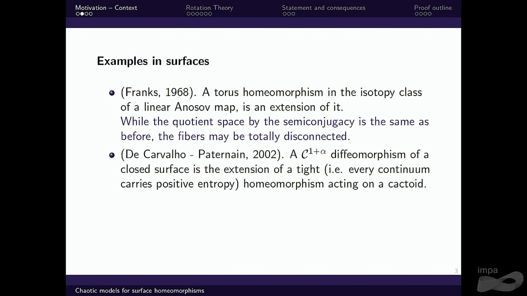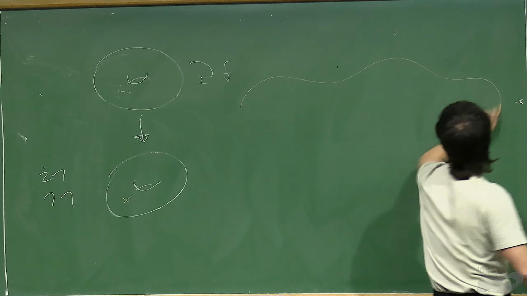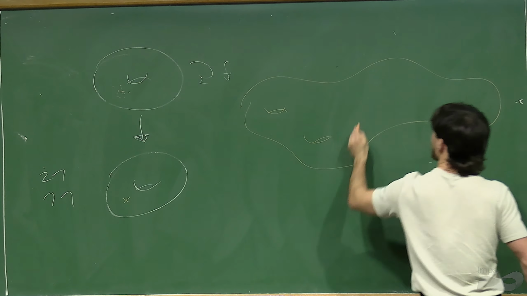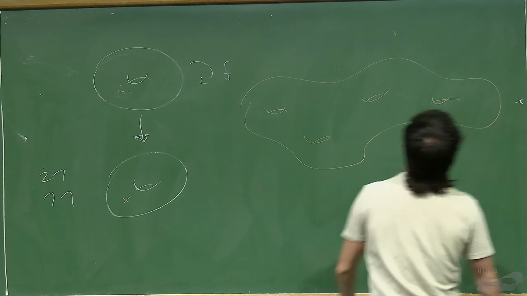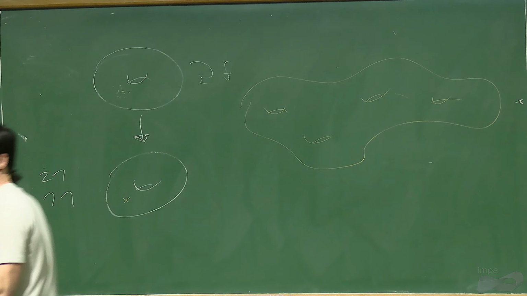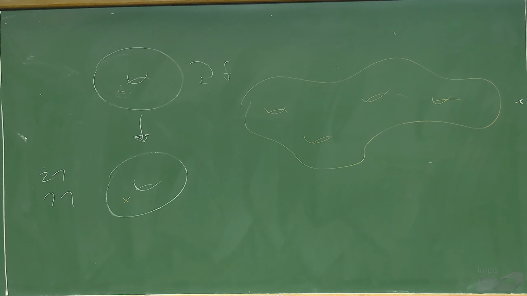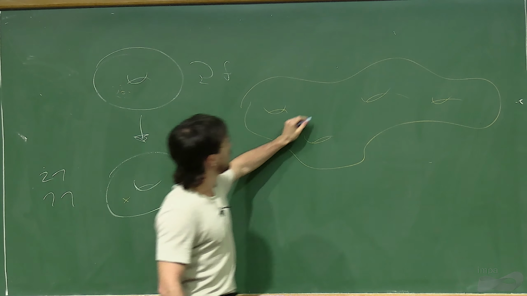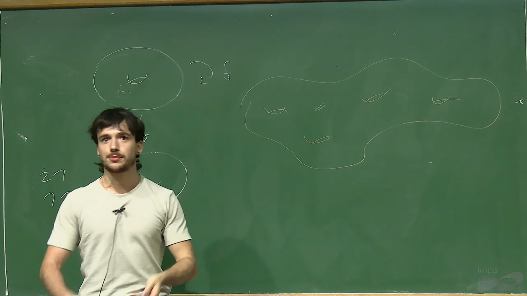Another example: André Carvalho and Miguel Paternain prove that a C1 plus alpha diffeomorphism of a closed surface, so S_g, genus g, no punctures, is an extension of a tight homeomorphism, using Pesin theory. Tight meaning every continuum carries positive entropy. So if I have a continuum up here where the dynamics carries no entropy, then I collapse it.